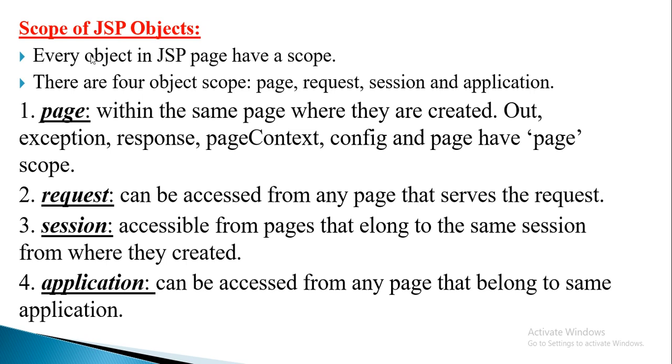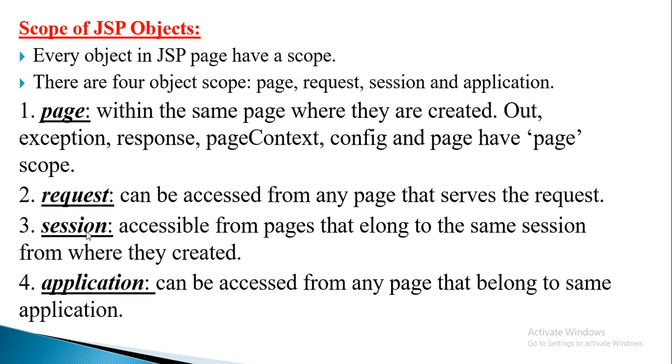We already specified that we can define the scope of attributes using four objects: page, request, session, application. Page means that the attribute is available within that page. Request means that the attribute is available in the current page and the requested page.